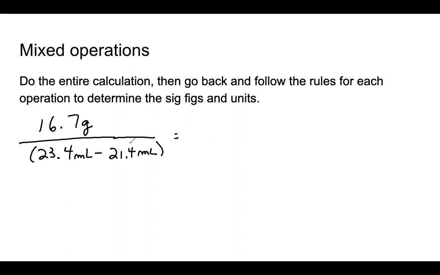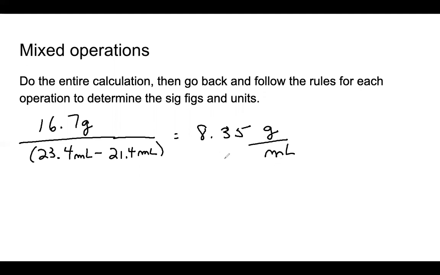All right, so like I said, we're just going to do the whole calculation on our calculator, see what we get. Our calculator gives us 8.35. Our units are grams in the numerator. In the denominator, we have milliliters minus milliliters. That's just milliliters. So our units are grams per milliliter.